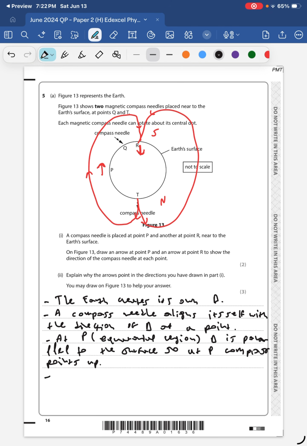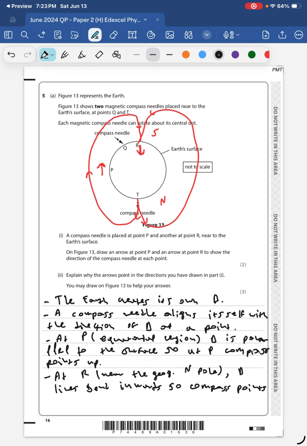Okay. What else? At R, near the geographic North Pole, but magnetic South, which is counterintuitive, we can write that B lines bend inwards, okay, so compass points down. And what else?